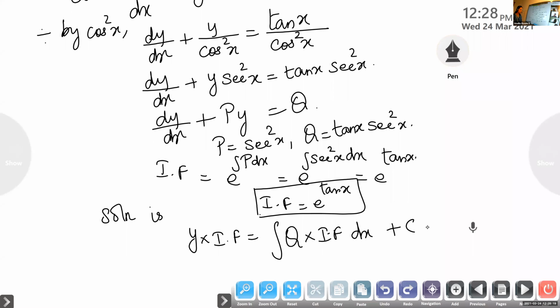So y into e raised to tan x is equal to integral of q. What is q? Tan x sec square x into e raised to tan x into dx plus c.